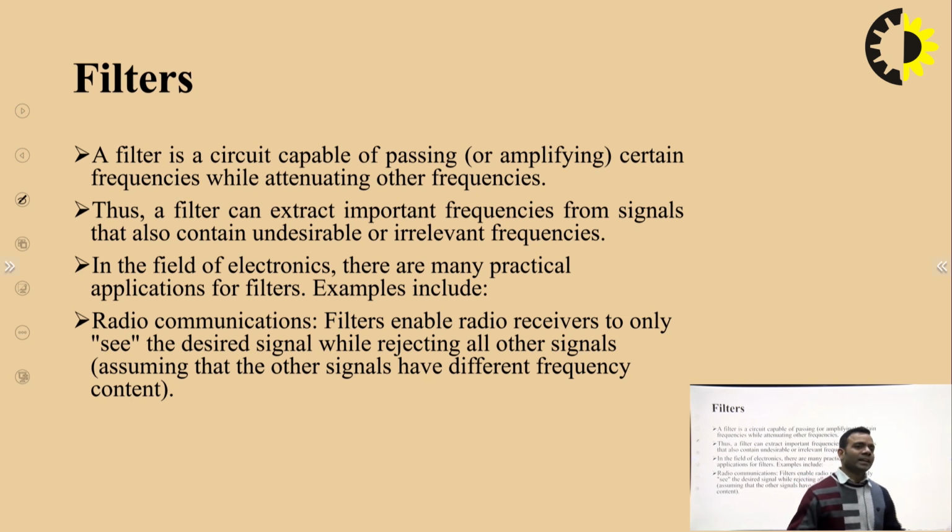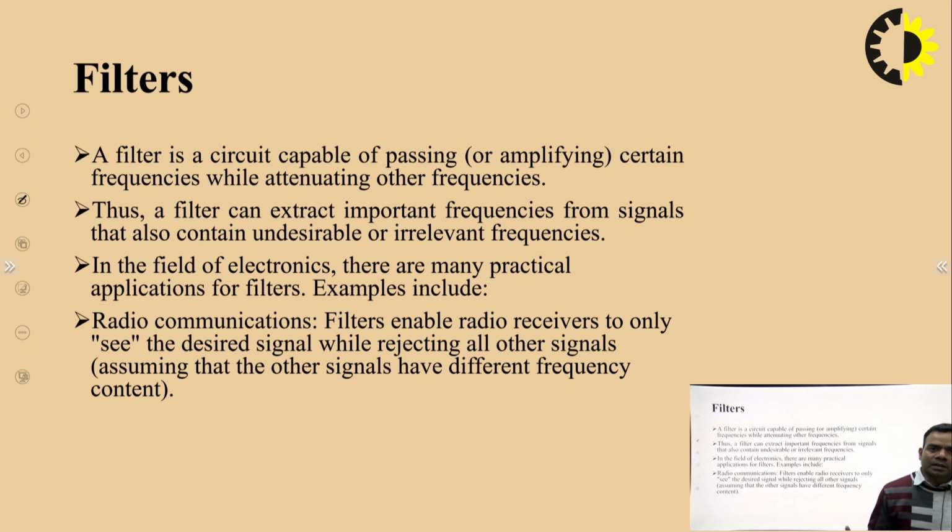Similarly, in electronics also, filters are electronic circuits that can pass some frequencies while they stop some other frequencies. Depending on this, filters are categorized as low pass filter, high pass filter, band pass filters and band reject filters.